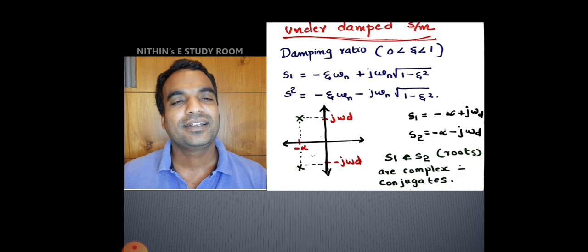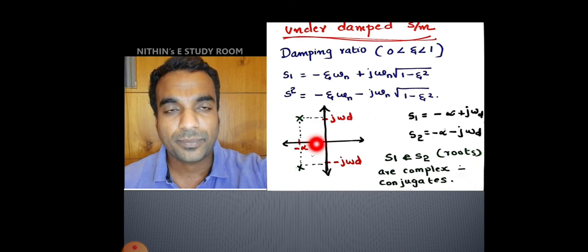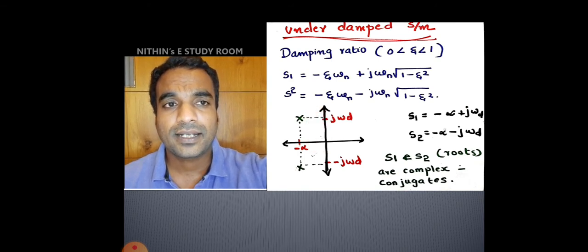Here I am not saying about the pole, I am saying about alpha. If alpha is here, one pole will be here and the other pole will be here. So for checking stability, we always comment about alpha.